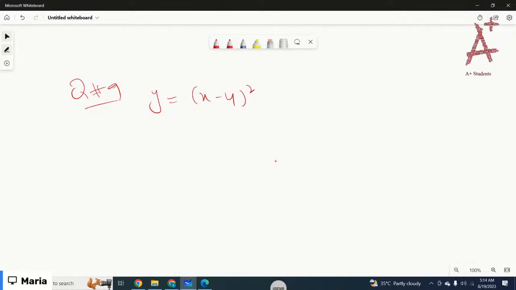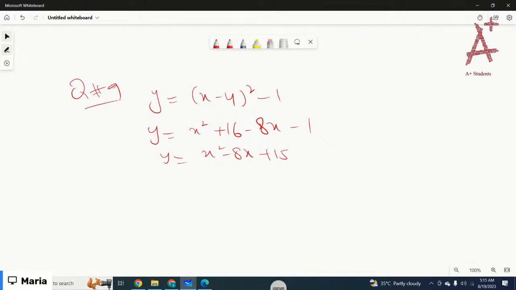You have to write down the equation in standard form and factored form, right? Just solve this one. Y equals x minus 4 whole square is x square plus 16 minus 8x minus 1, right? Just open the square using the square formula. It would be x square minus 8x, 16 minus 1 is 15.